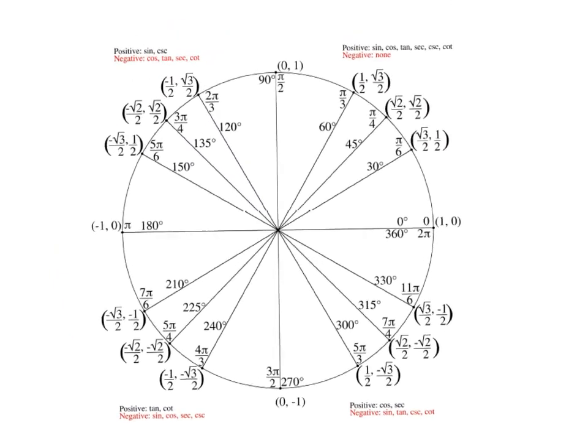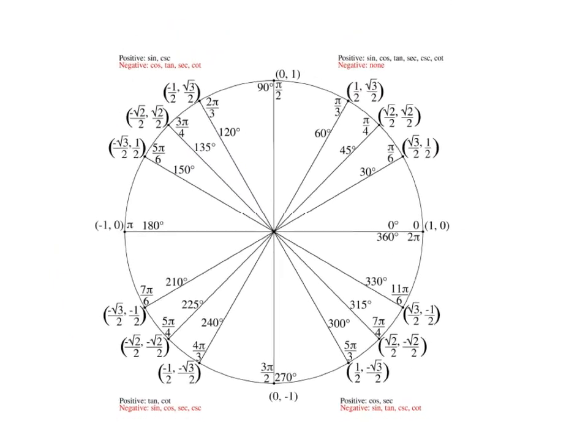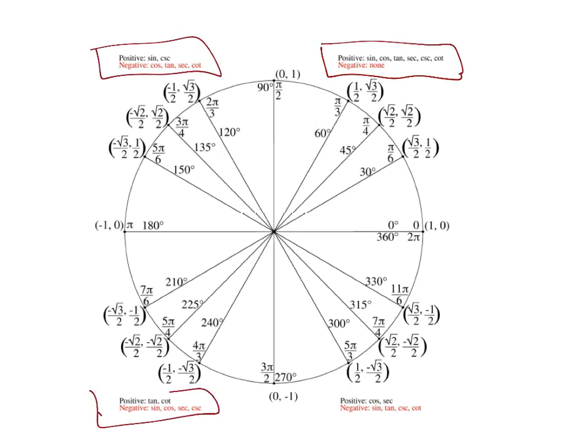So when you look, this is your unit circle, obviously. Pay attention to this. Just focus on sine, cosine, and tangent for right now. The rest will come later. But this is what you're looking at.